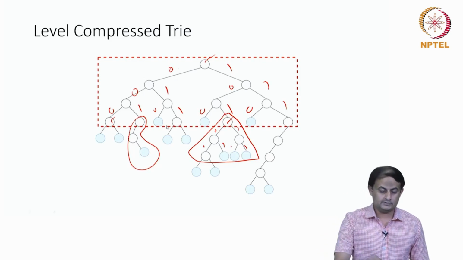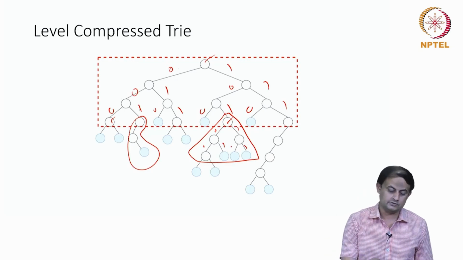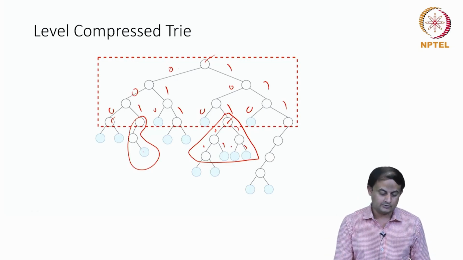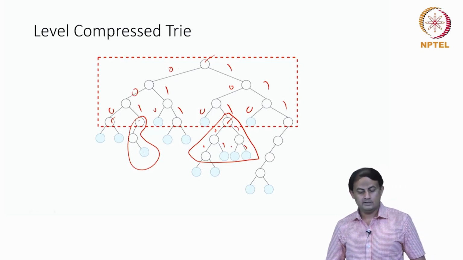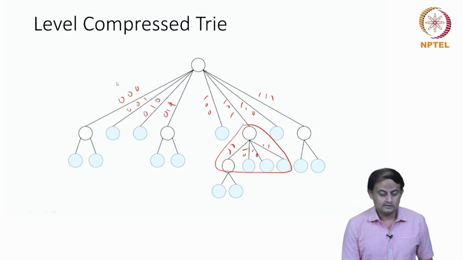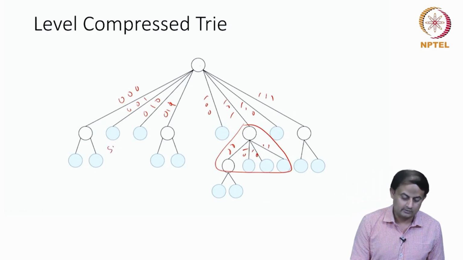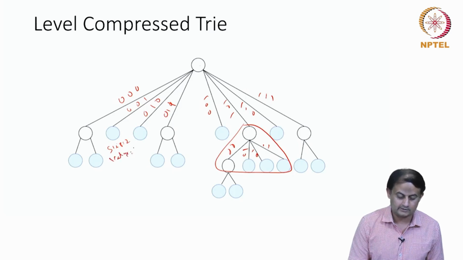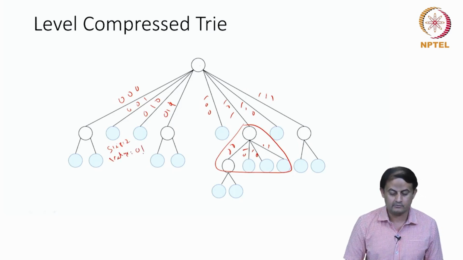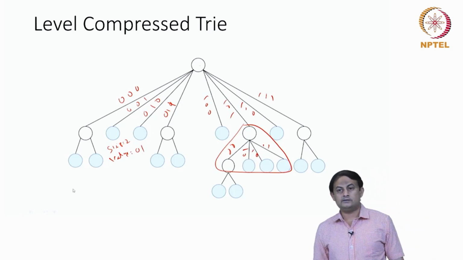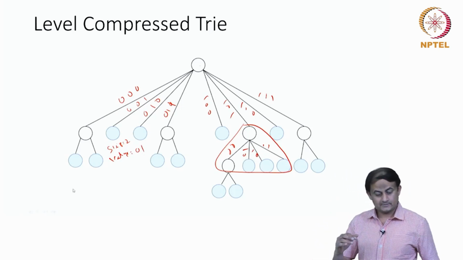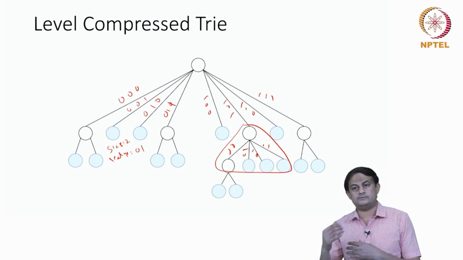So for example, this is the node which is 0 0 followed by 1, and I'll push this into this level and mark that this is 0 0 1, and what I skipped is of length 2, and the segment that I skipped is a 0 followed by a 1. So this is done at every level wherever such collapsing is possible.